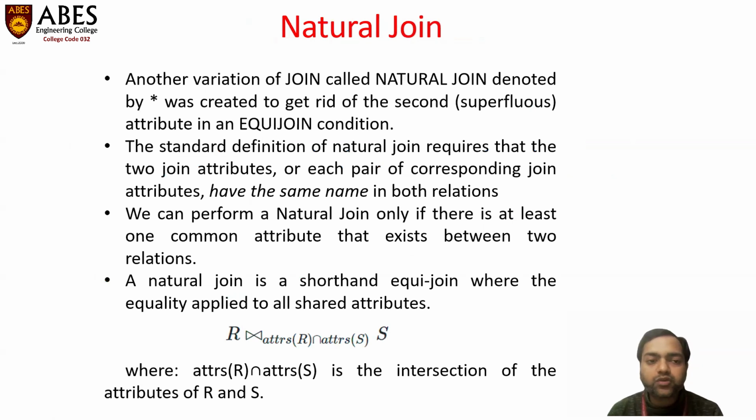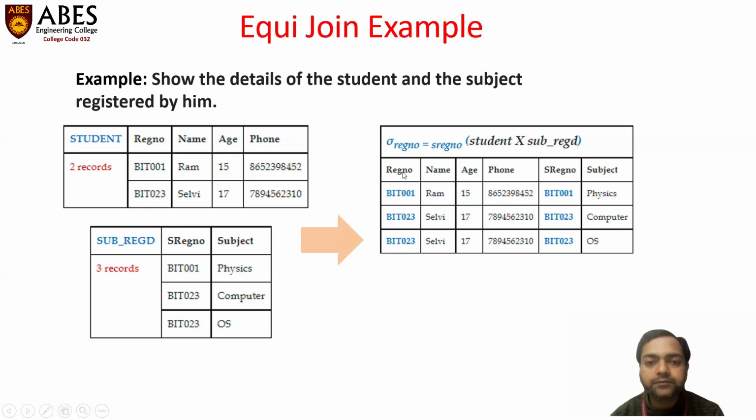Now next we have natural join. Another variation of join, also called natural join and denoted by the star operator, was created to get rid of the second or superfluous attribute in an equijoin condition. What does it mean? While applying an equijoin, here we have four attributes, here we have two attributes, and in both relations one attribute is common.